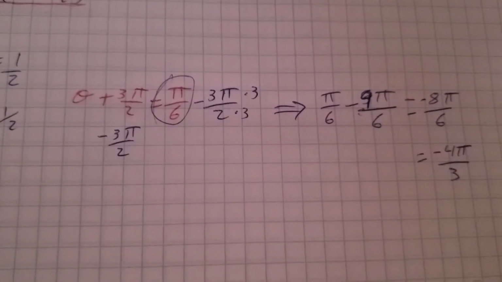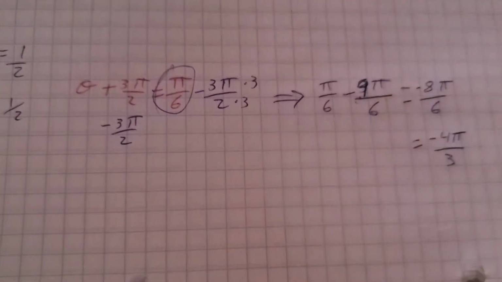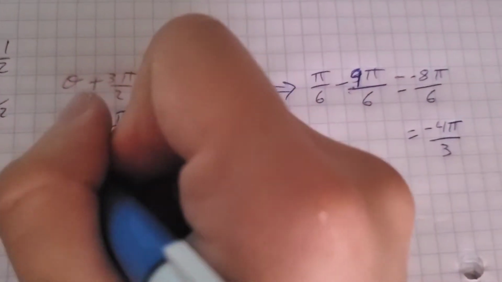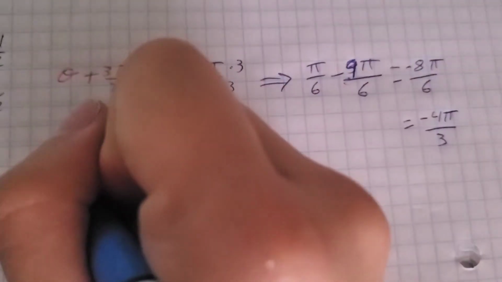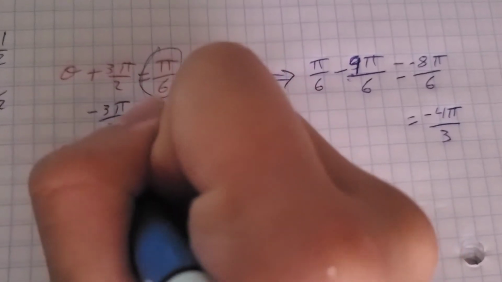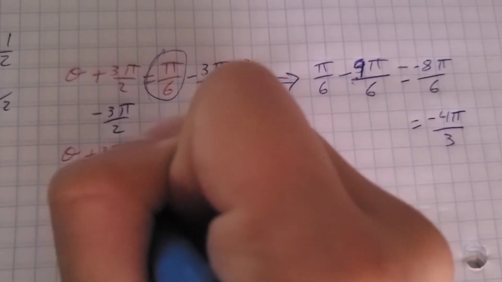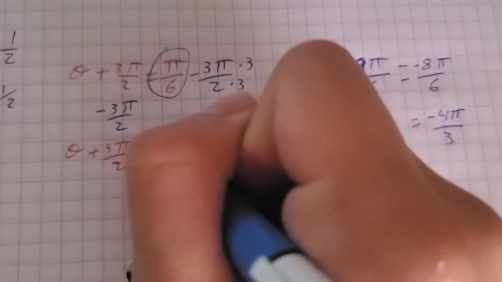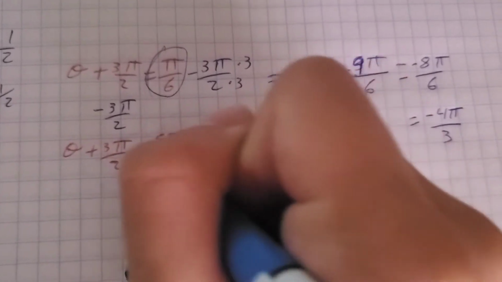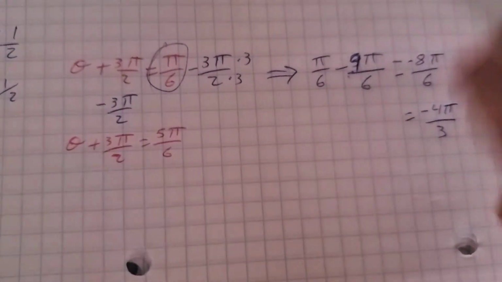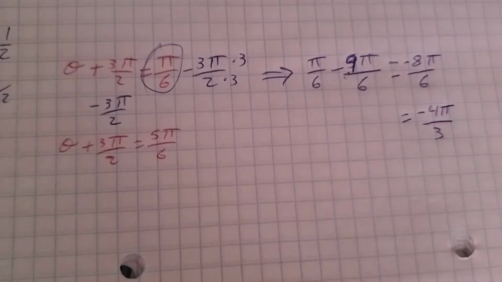We have to do something similar for the 5 pi over 6. So I'm going to do it down here. We're going to have theta plus 3 pi over 2, but now equals 5 pi over 6. Same process, leave the theta by itself. Let's solve for theta.